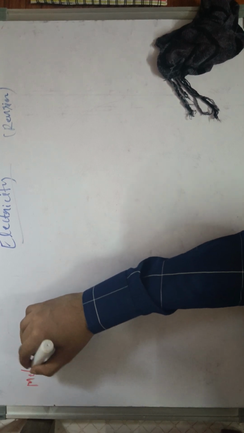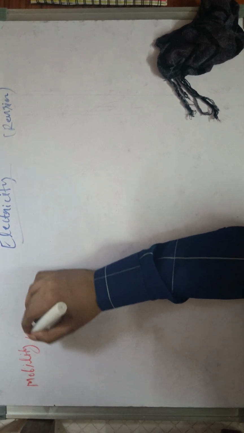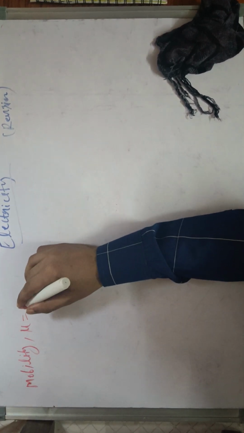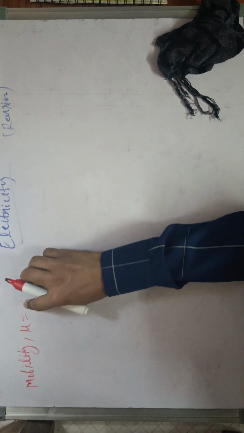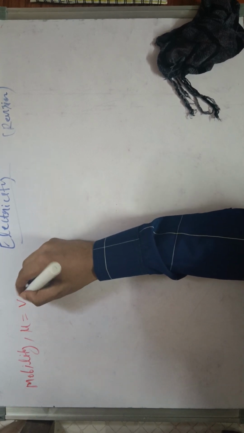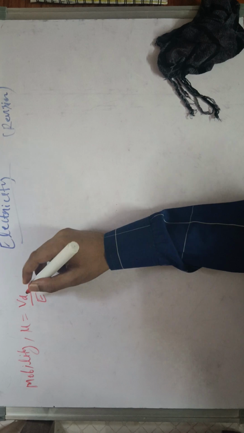Now there is one other term which is called mobility. Mobility is simply defined as mu is equal to vd upon E, drift velocity per unit electric field.